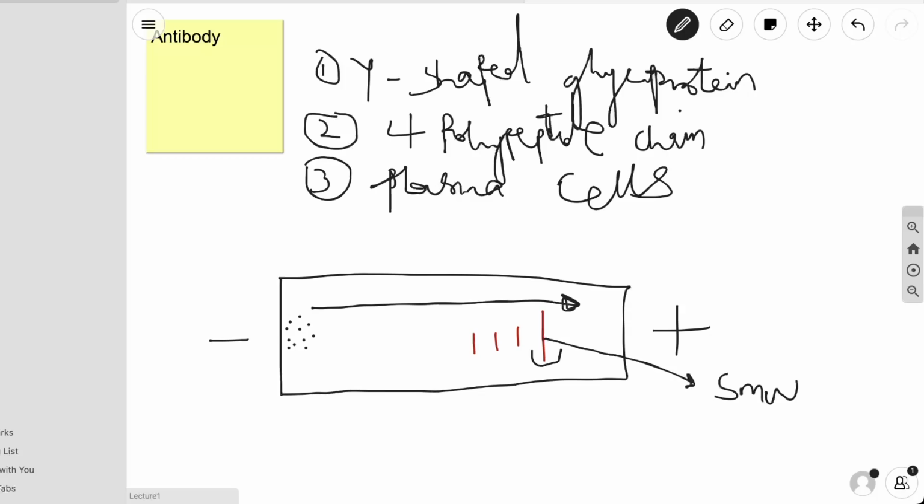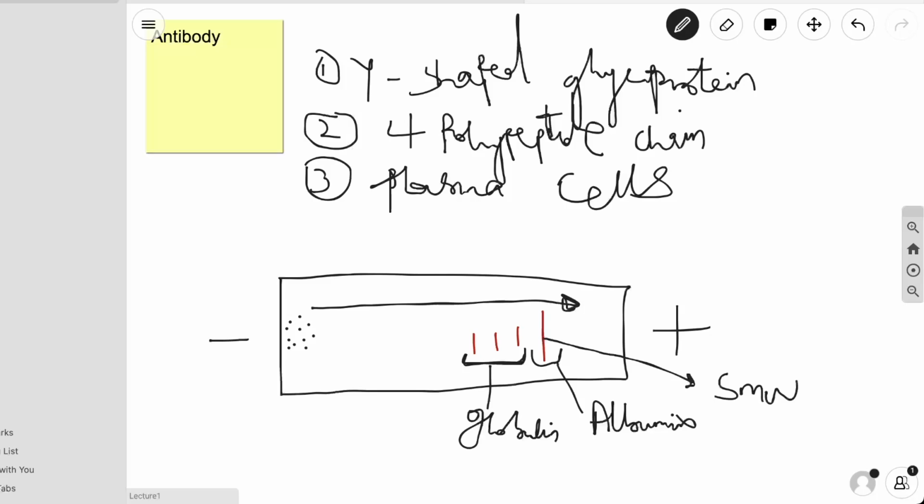The small molecular weight ones, you can call the albumin. And these larger ones that could not move so fast, that were moving so slowly, you call the globulin. So in which part of this globulin can you find the plasma proteins?